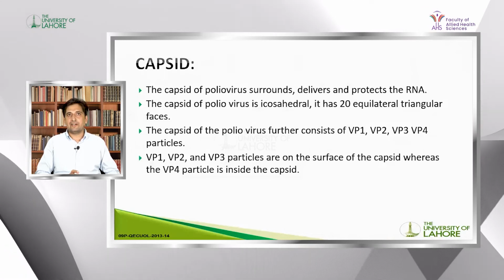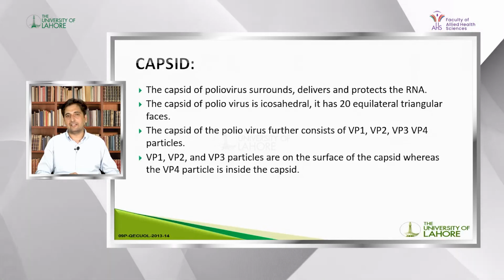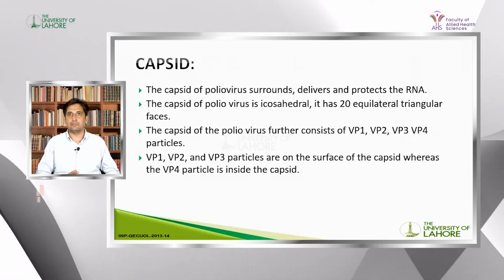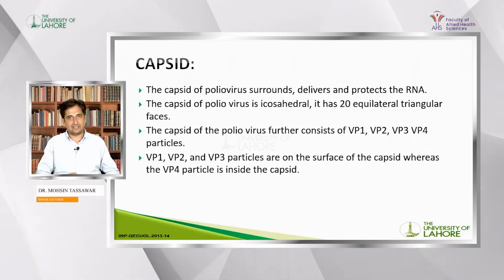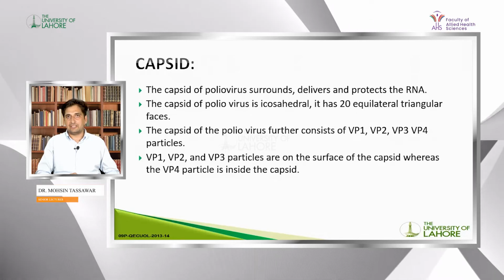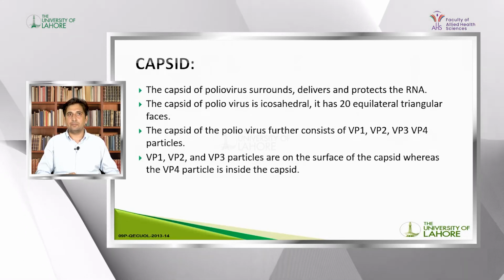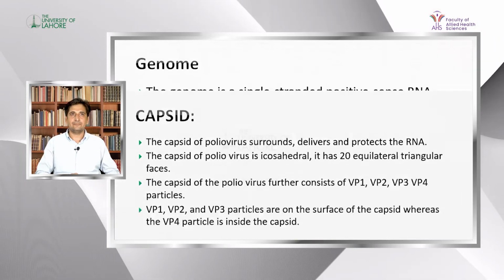The capsid further consists of 4 different proteins, as we have discussed earlier, VP1, VP2, VP3, VP4. So no difference in the case of polio. The VP1, VP2 and VP3 particles are present on the surface of the poliovirus, while the VP4 particle is present inside the capsid.